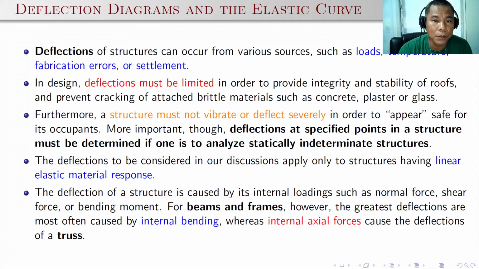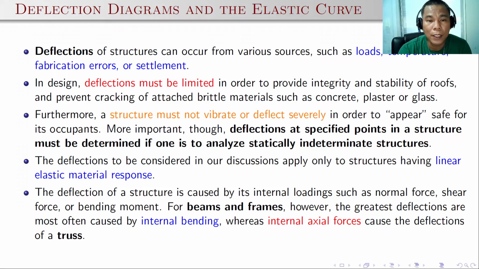Deflections of structures can occur from various sources, as you have known: due to the dead load, the live load, the earthquake, wind loads, also temperature, fabrication errors, or settlement. In design, deflections must be limited in order to provide integrity and stability of roofs and prevent cracking of attached brittle materials such as concrete, plaster, or glass.